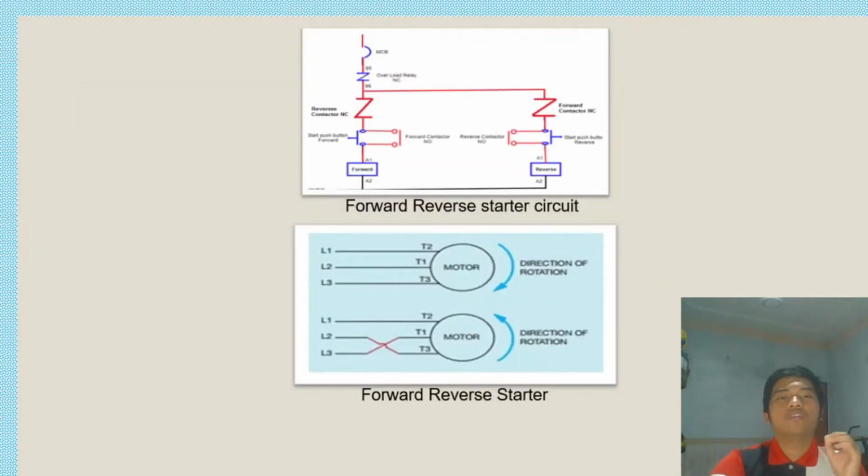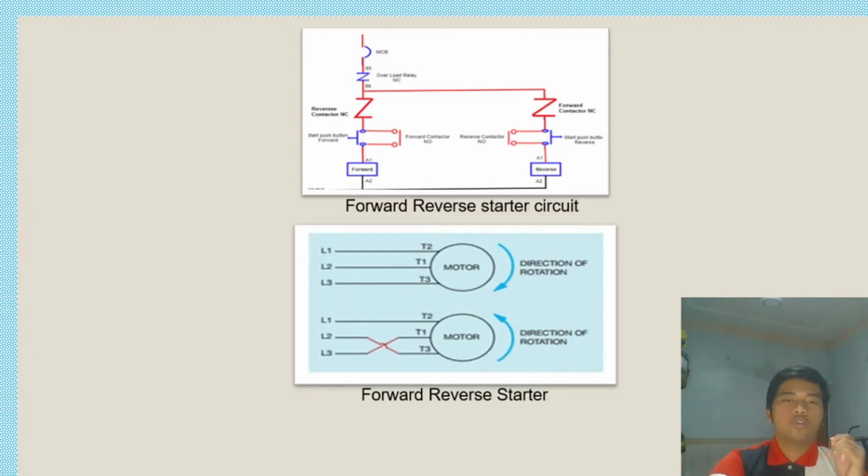The second picture shows us the forward reverse starter circuit. Reverse contactor NC is located on the left side and forward contactor NC on the right side. The third picture shows us the forward reverse starter operation.